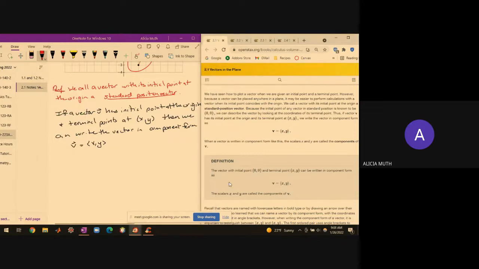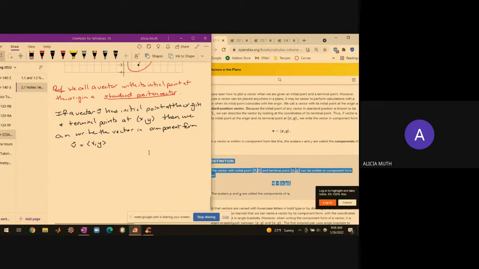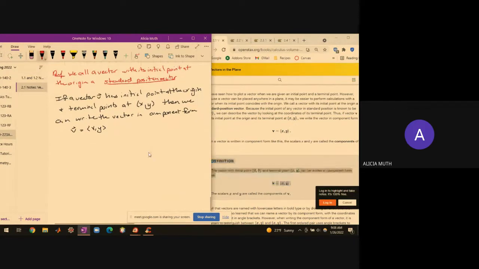So a vector with initial point 0, 0 and terminal point x, comma, y, the scalars x and y are called the components of v.